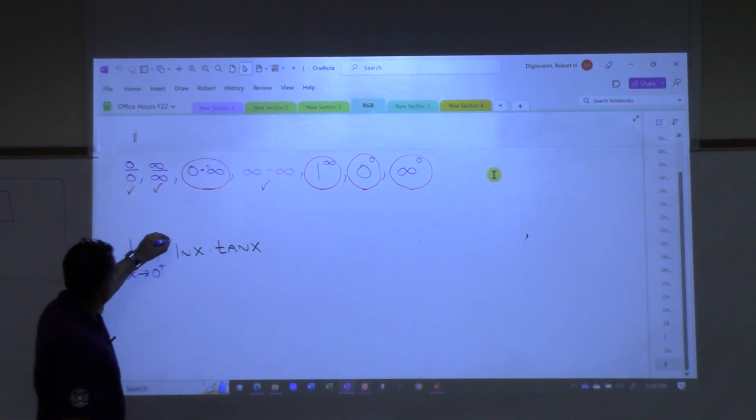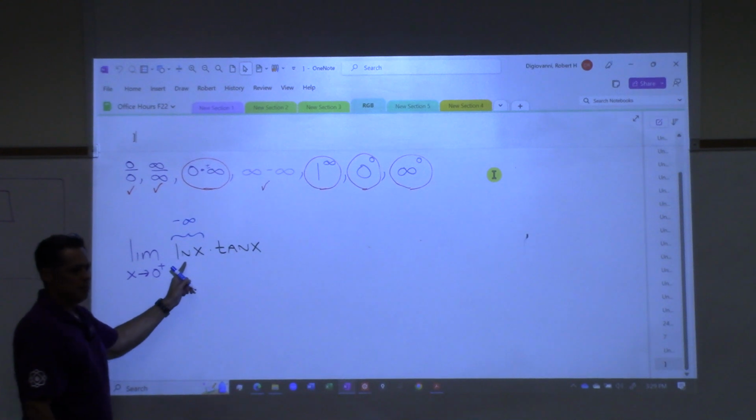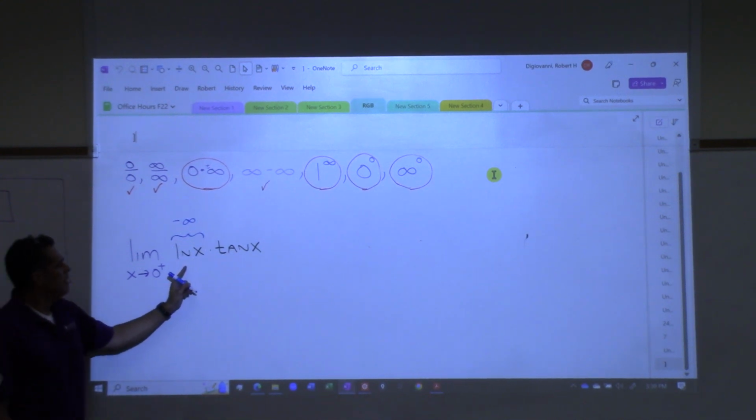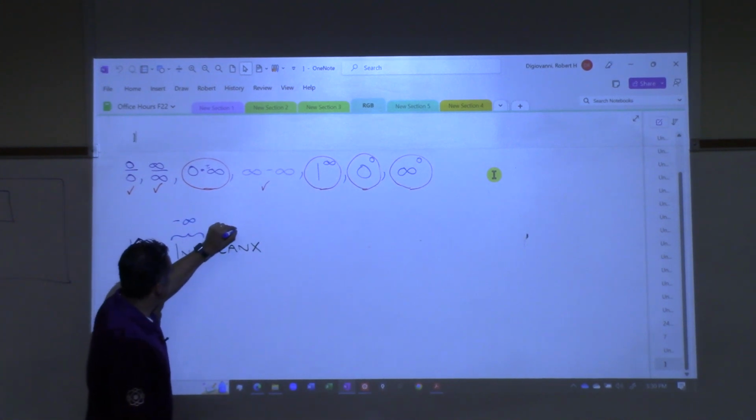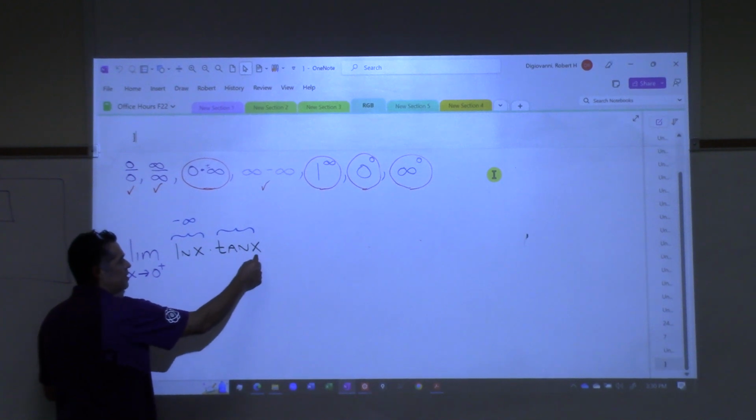Where's this one headed? Negative infinity. How do you know that? We just did that, right? This is headed to negative infinity. Where does tangent go as you approach? Well, if you plug 0 into tangent, what's tangent of 0? 0.